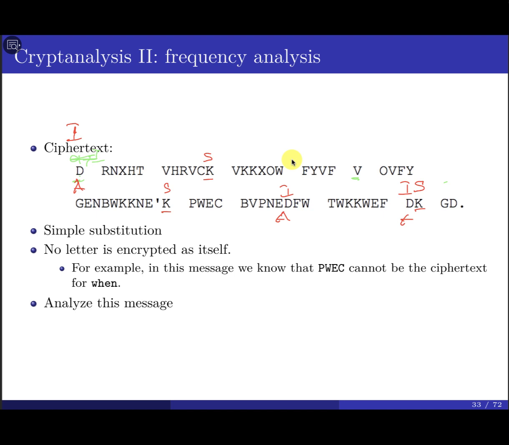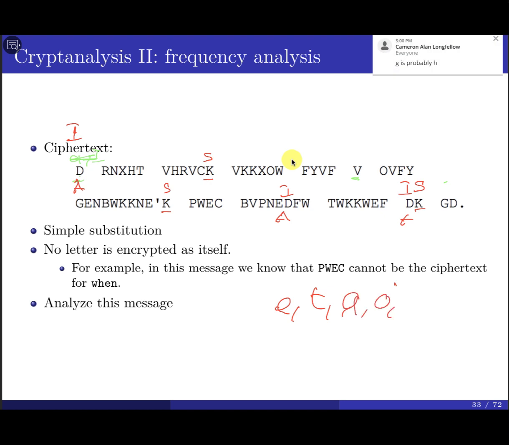For the letter frequencies, as I mentioned, you need to know the most common letters in the language used in the ciphertext. We assume the English language, and you know that the most common letters in English are E, T, A, O, I, and N. Yeah, this is the most common.